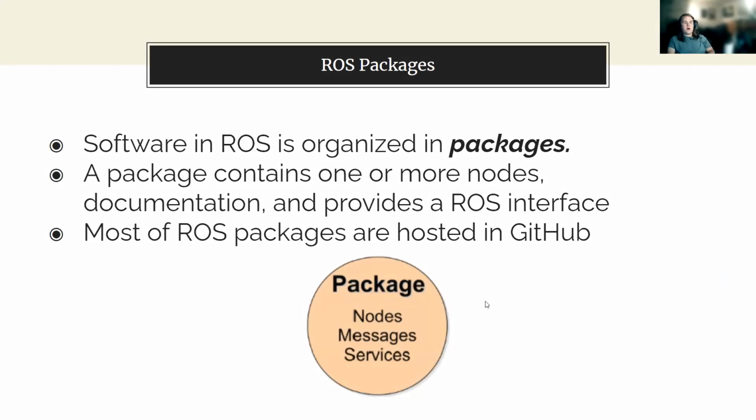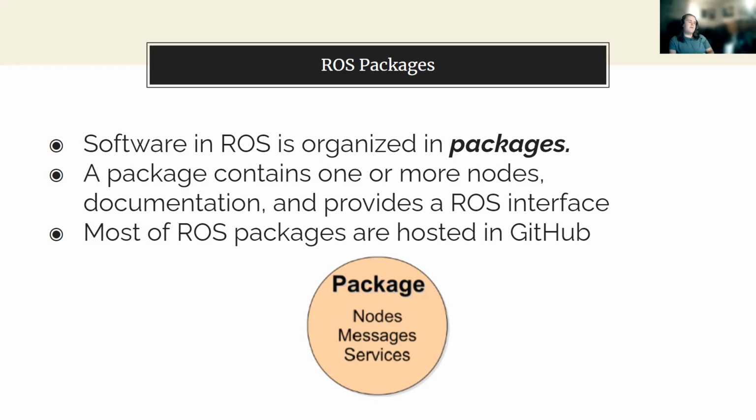And I guess now we should talk about packages, right? Software in ROS, at the lowest level, is organized into packages. Python might be a good example, if you ever use pip. ROS packages are very similar to pip packages, for example. It's basically a collection of nodes, messages, and services that all serve one combined purpose, and it provides a ROS interface to allow you to use ROS to interact with all of those.